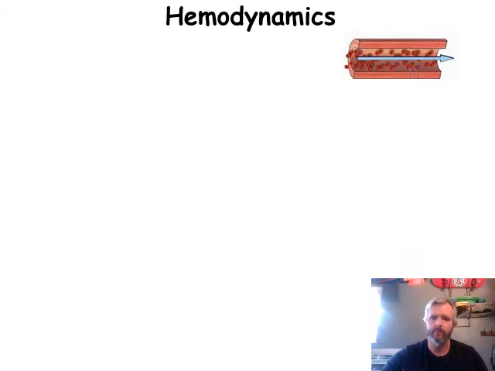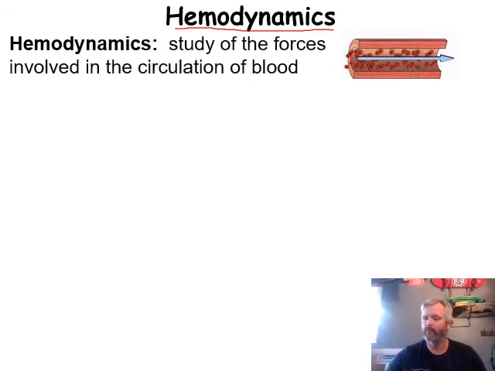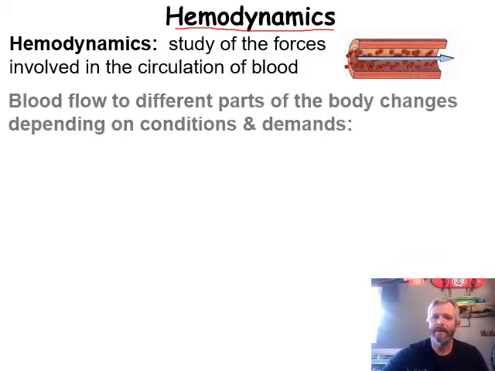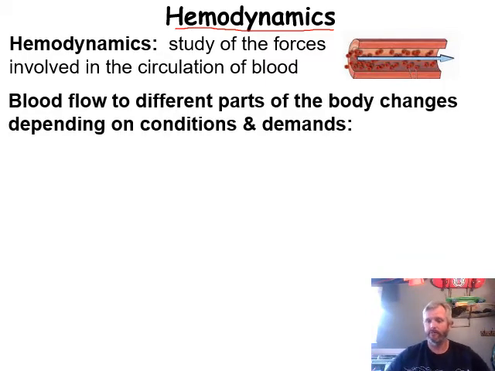So the last part, we're going to be looking at hemodynamics, or what we're looking at as flow of blood, the forces that are involved in circulation of the blood, the flow. All right, and because demands are changing on our body, we also have to change the flow. Sometimes we have to get constant blood flow.